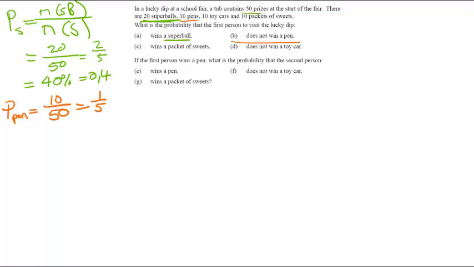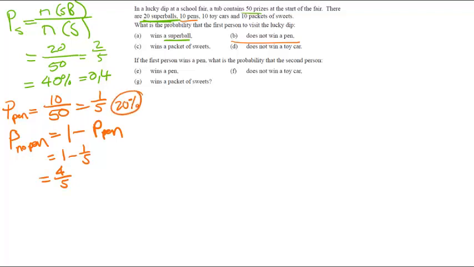Remember we said the probability of no pen is going to be 1 minus the probability of a pen. So that's going to be 1 minus 1 over 5, and that's going to be 4 over 5. In other words, the probability of getting a pen is 20% probable, and the probability of not getting a pen is 80% probable.